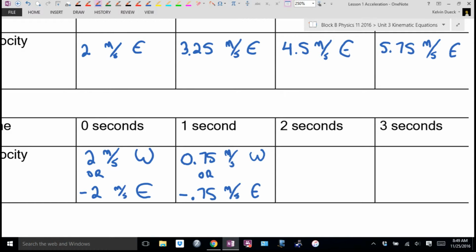Okay, now the trickier part. How fast am I going after 2 seconds? How did you get that? Direction? First of all, you said meters per second. So 0.5 meters per second. Direction? East? How'd you get that?